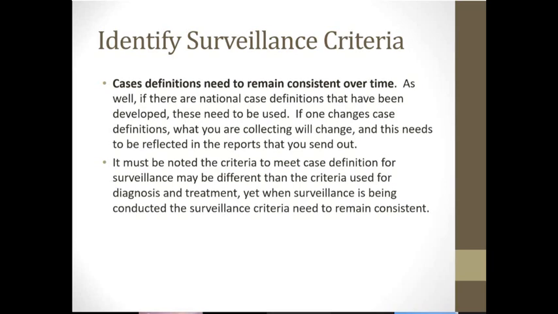However, a surveillance case definition has a number of bullets and points that have to be met in order for it to meet that case definition. And if not all the points have been hit, and only some of them have been met, then you don't meet the surveillance case definition, even if the doctor has diagnosed that patient with that condition.